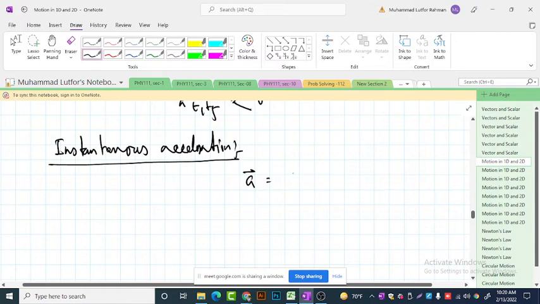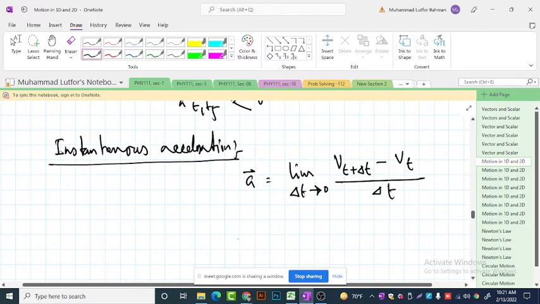So we'll write down the limit del t tends to 0 of v at time t plus del t, which is the final velocity, minus v at time t, divided by del t. I take the difference, t plus del t minus t, which gives me del t.